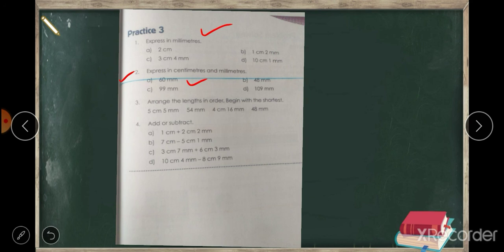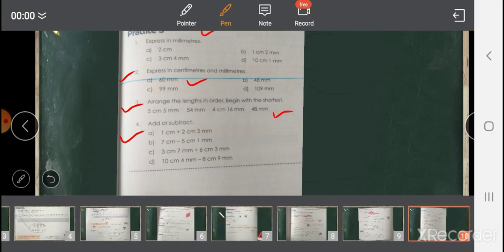This you have to convert into centimeters and millimeters. The third one is arrange the lengths in order, beginning with the shortest. You have to start from the shortest. The fourth question is add or subtract. So the sums are given to you. You have to do all of this in your notebooks.